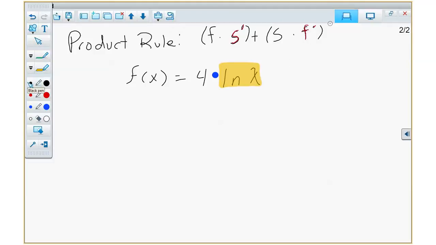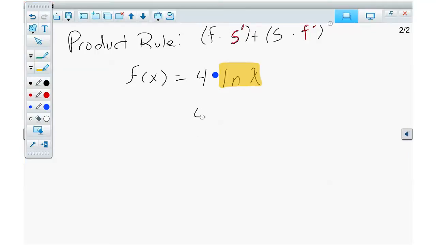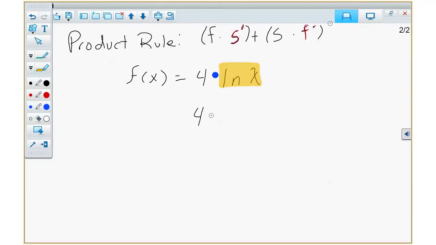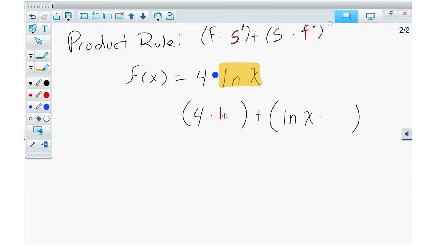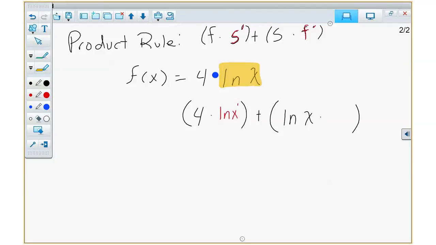So, first times the derivative of the second plus the second times the derivative of the first. I'll take my red marker and I'm going to put first times the derivative of the second, natural log of x prime, times 4 prime.